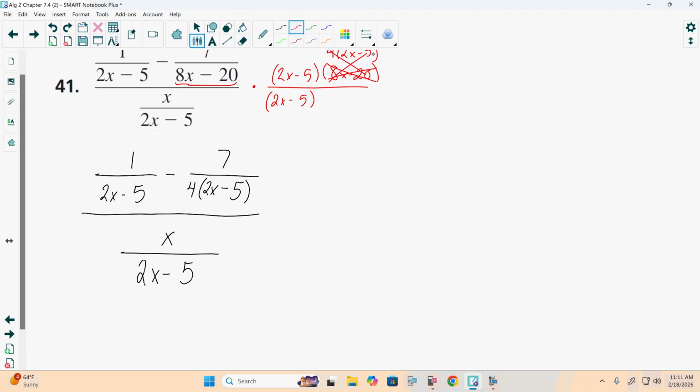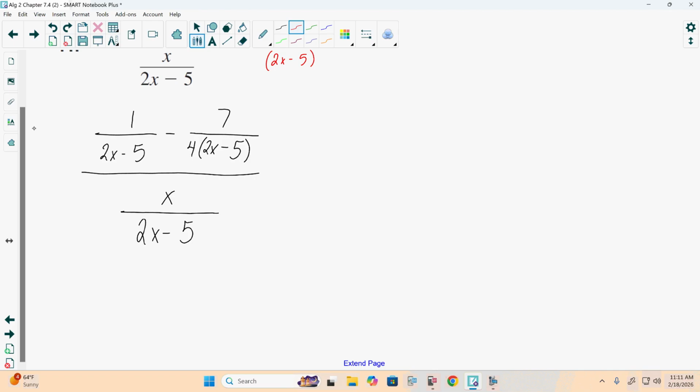So we don't need that, because really what we need to multiply this by is, we still need the 2x minus 5 on top and bottom, but the only other thing we need is what? 4.